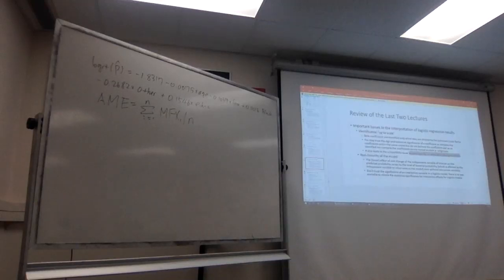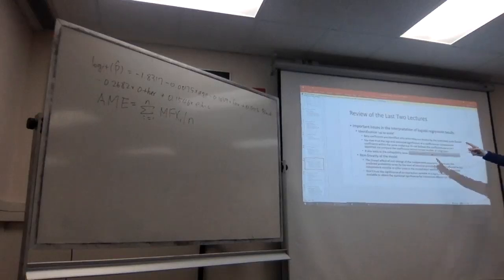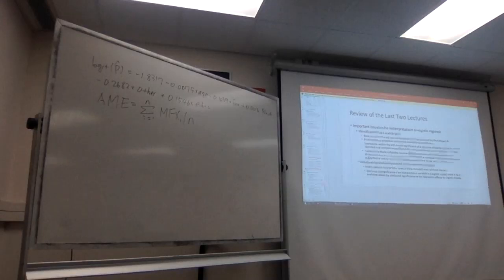All the other things are subject-specific, actually, but average marginal effects are population average effects. Does that make sense? Because you've averaged all the marginal effects out, right?